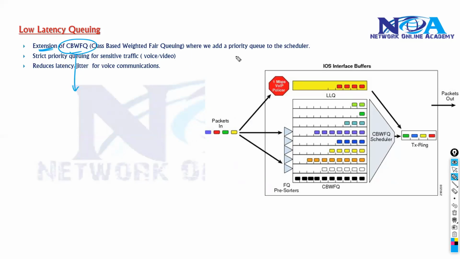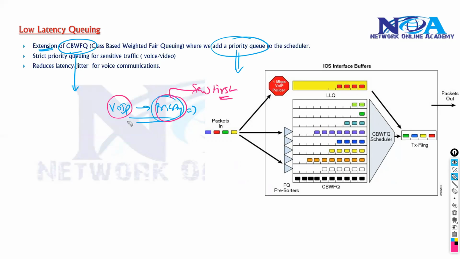Additionally, we add one more option called priority queuing, which means we can match a specific sensitive traffic and give a command called priority, which tells the router that any traffic matching this VoIP should always be sent first.